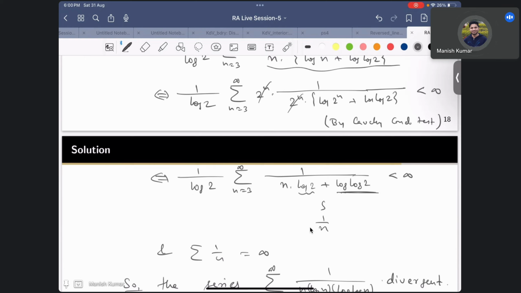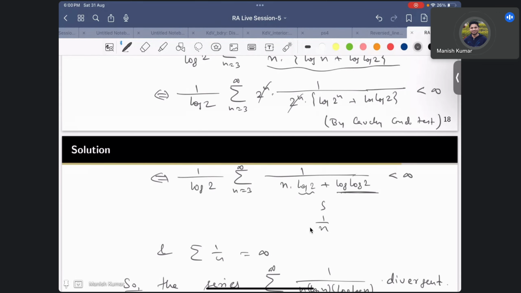You define b_n to be this, try to find the limit of a_n by b_n, and see what the limit comes to. Then using the limit comparison test, you can conclude about the convergence. So when I say this behaves like 1 by n, the convergence or divergence of this can be proven using the limit comparison test.